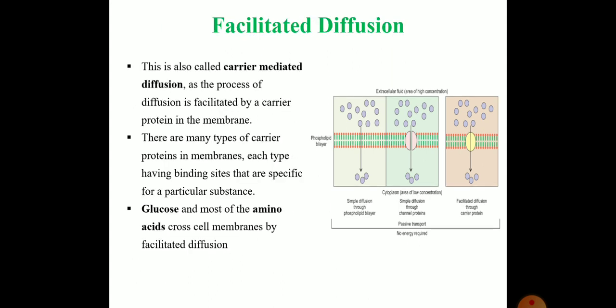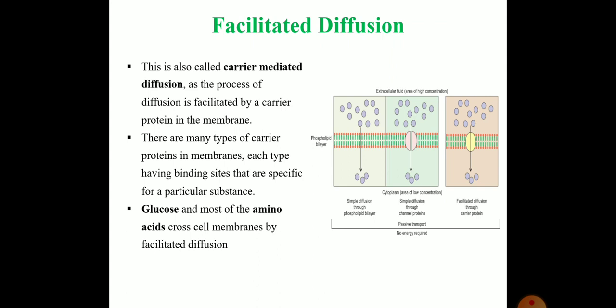The next one is facilitated diffusion. This is also called carrier-mediated diffusion, as the process of diffusion is facilitated by the carrier protein in the membrane. There are many types of carrier proteins in the membranes, each type having binding sites that are specific for a particular substance. So each carrier protein has a specific binding site for a particular substance only.